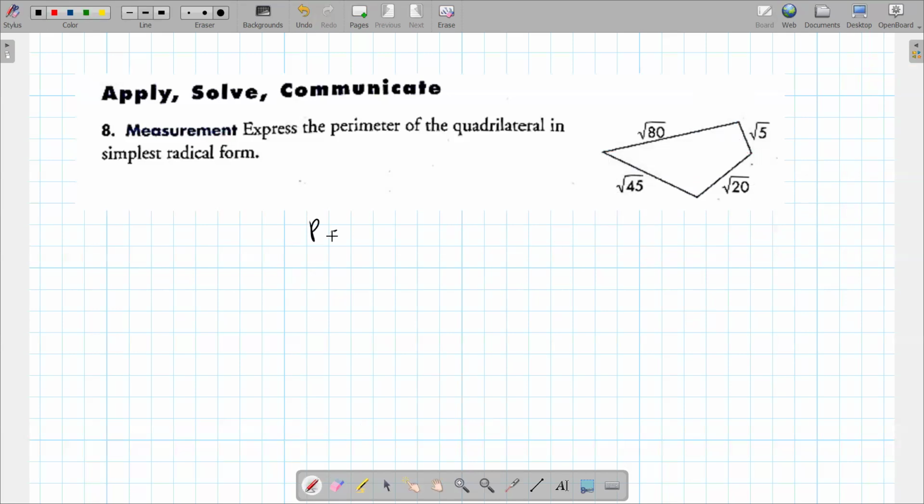So what's the perimeter of this shape? You just add all those sides up. Very simple. Can root 80 be reduced?